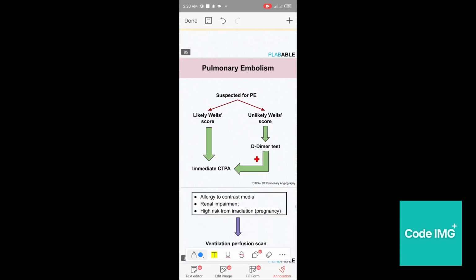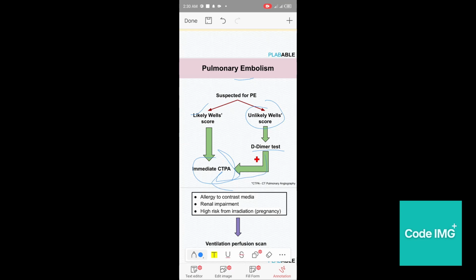So if you're suspecting pulmonary embolism in a patient, you need to calculate the Wells score, and if that falls under the criteria, you need to go for the CTPA. If it's not falling in the criteria, you need to go for the D dimers, and if the D dimer is positive, you eventually have to go for the CTPA.